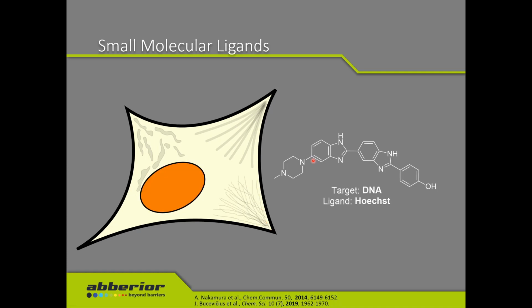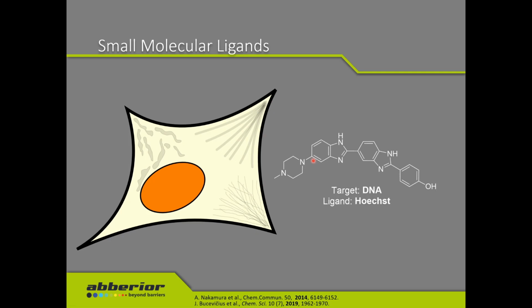And the last example is the use of Hoechst. Hoechst itself is a fluorophore already, and it will interact with double-stranded DNA, so with the DNA inside the nucleus, for example. However, the absorption maximum of Hoechst is in the UV region of the spectrum. So we have to excite our fluorophore with UV light, and this can cause photodamage in our cell.